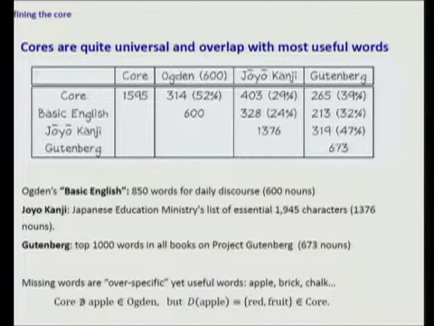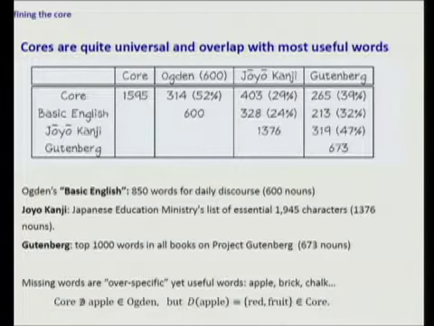In Ogden English, there are 600 nouns in this 850-word list, and about half of it appears in the core.